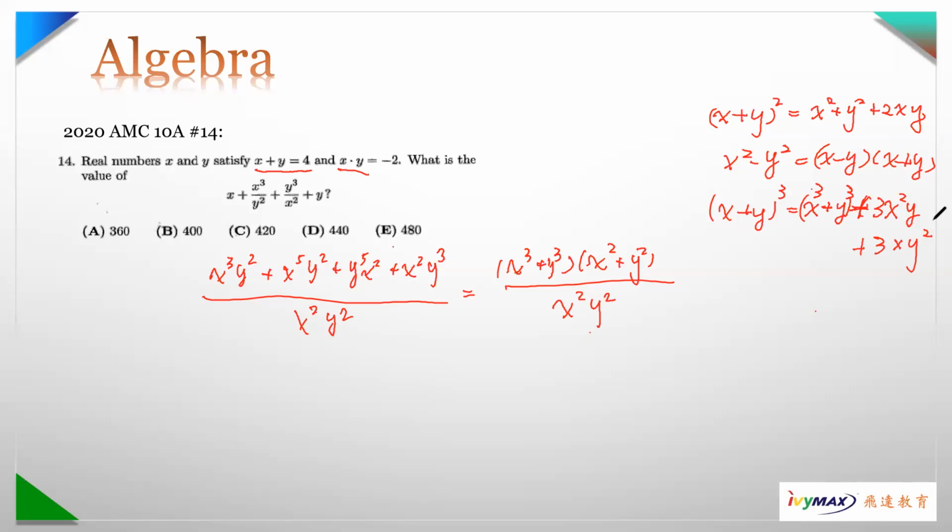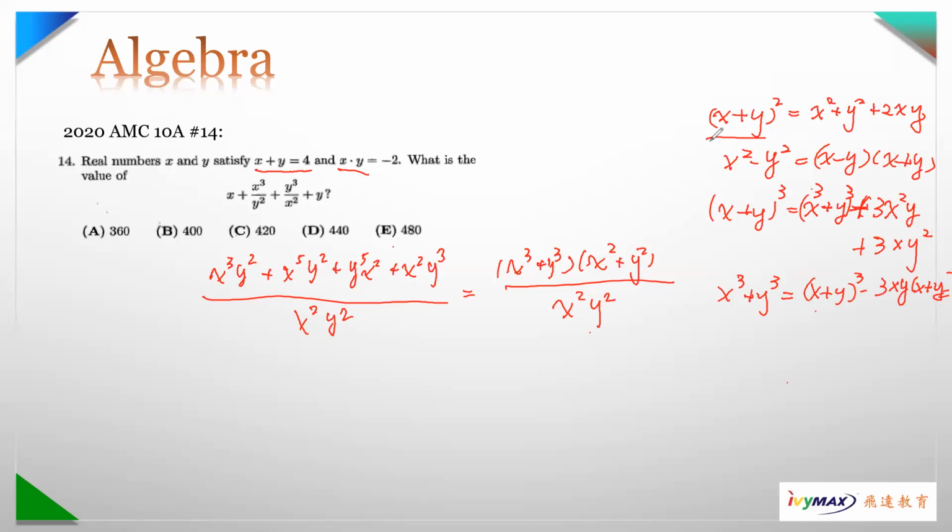Right? So in that way, I can rewrite x cubed plus y cubed as (x plus y) cubed minus 3xy times (x plus y). Right? Okay.